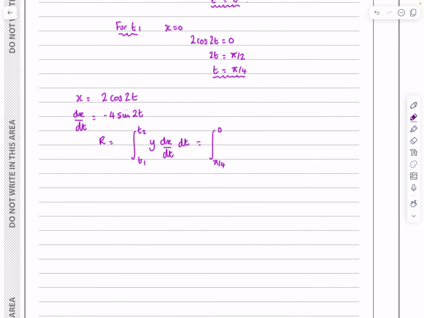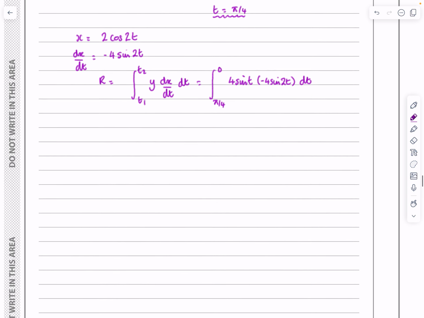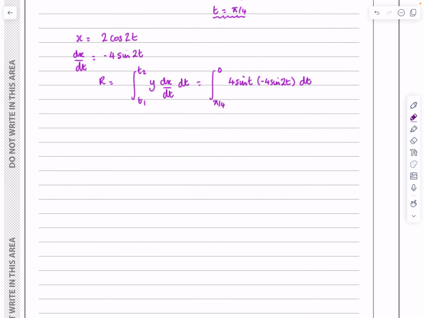I've got y, which is 4 sine t, and then I've got dx/dt, which we've now said is minus 4 sine 2t dt. So all I now need to do is to tidy that up and make it look like the answer that we've got here. Well, you should know that sine 2x is 2 sine x cos x.